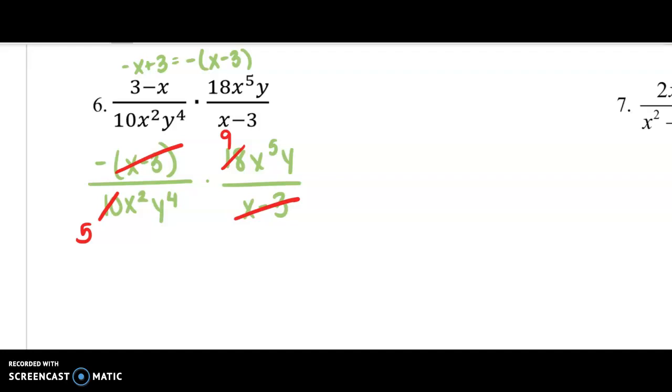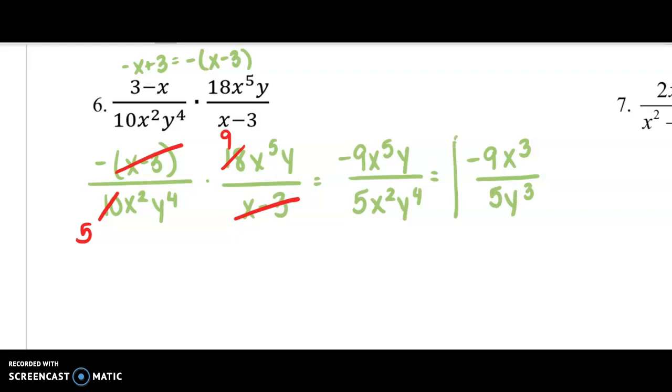I still like to multiply straight across and then do it. That's just me, but that's totally up to you. So negative 9x to the 5th y over 5x squared y to the 4th. So that would be negative 9x to the 3rd over 5y to the 3rd. That would be my final answer.